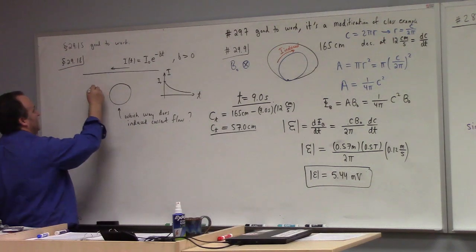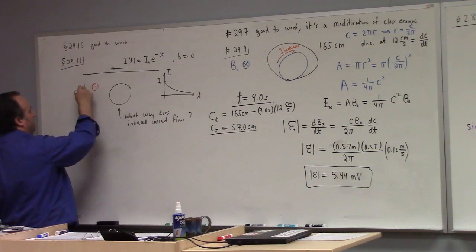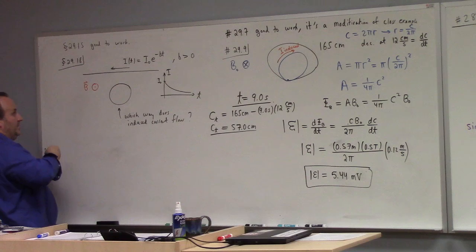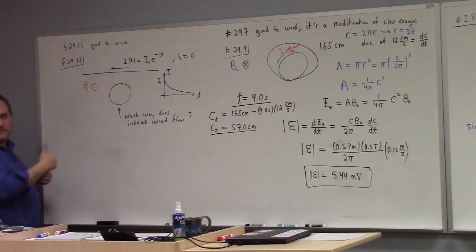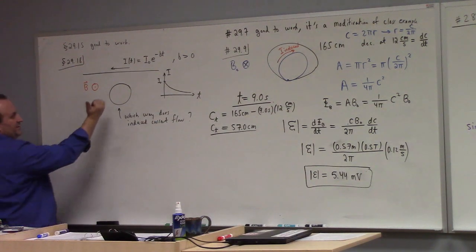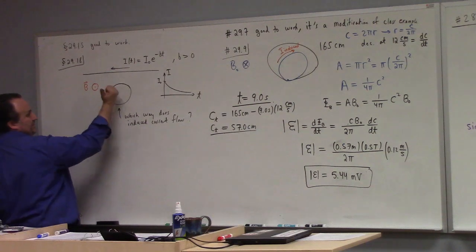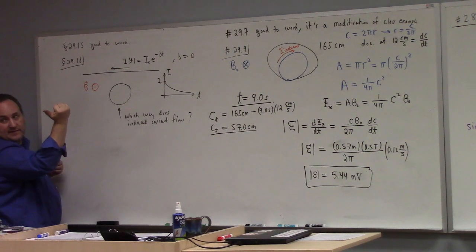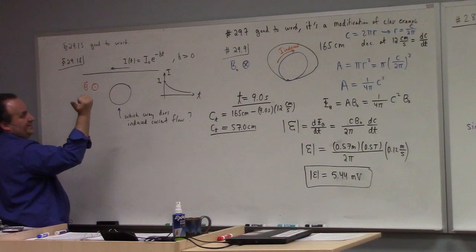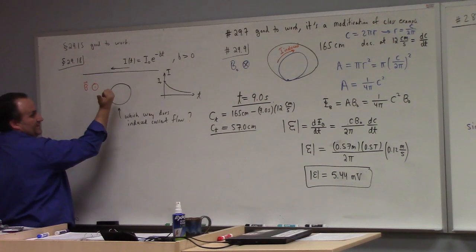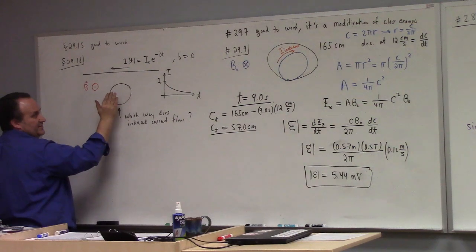So you've got flux coming out at you to start with, right? And as this current drops off, that magnetic field decreases.